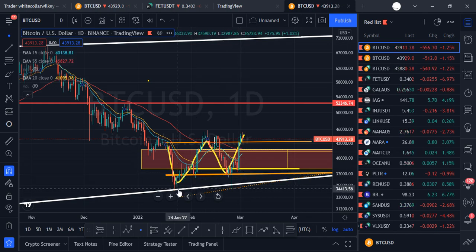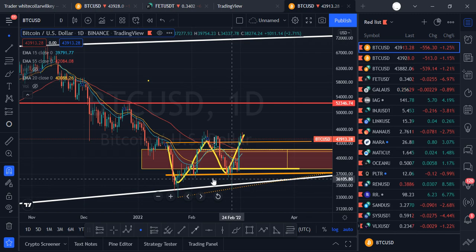The longer the duration of these two lows, the better it is, I think the stronger it is. Realistically, that is about a week, isn't it? 1, 2, 3, 4, 5, 6, 7, 8.